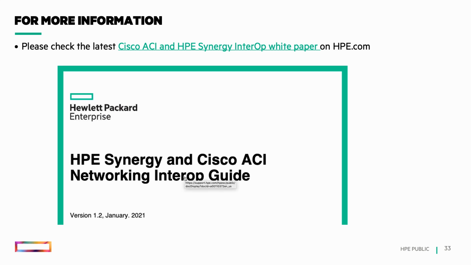Over here, I include much more details, information and screen captures, and some debug information in the white paper. For some scenarios you want to pay attention to, I also talk about them in the white paper. But that's beyond the scope of this short presentation for the ACI and Synergy Interop. So hopefully this is helpful. Thank you very much, and that's the end of the presentation.